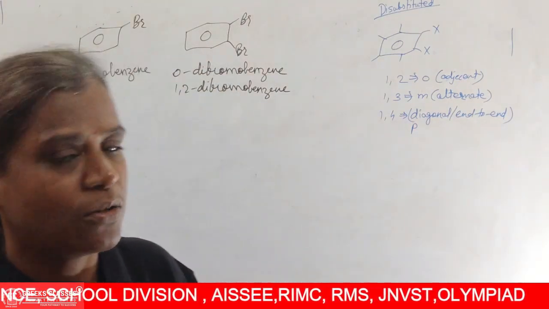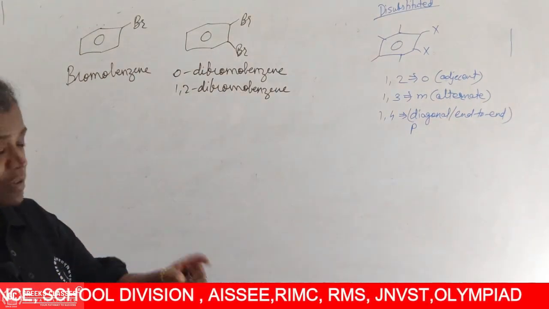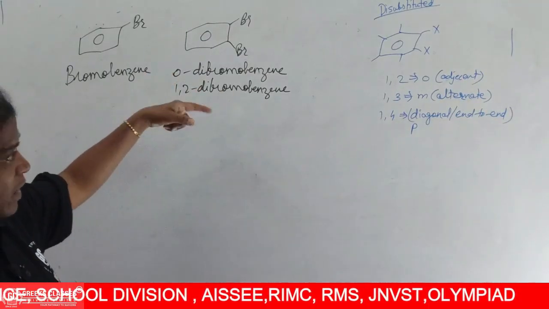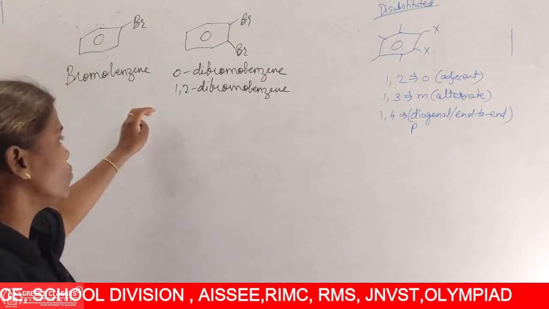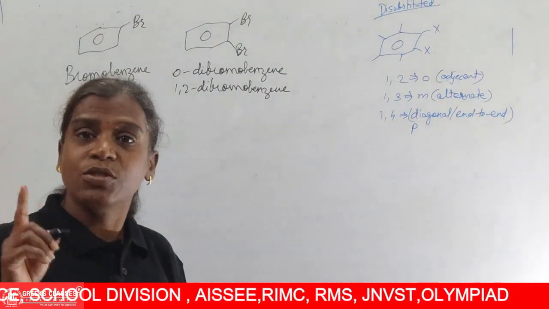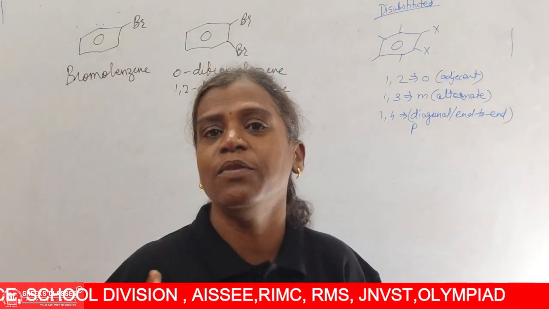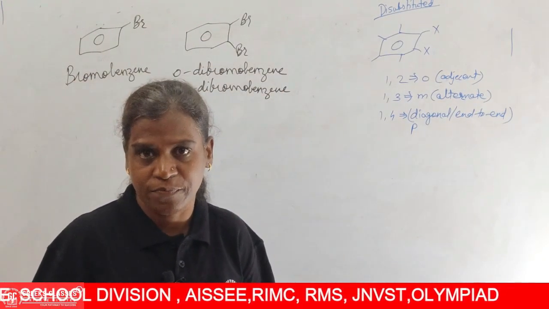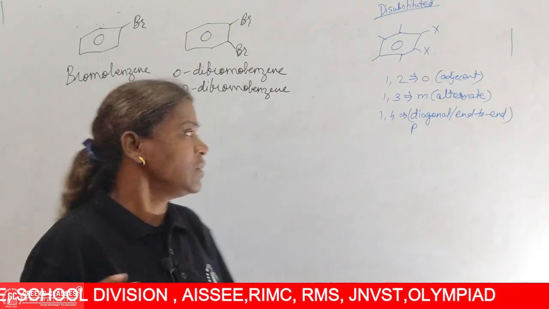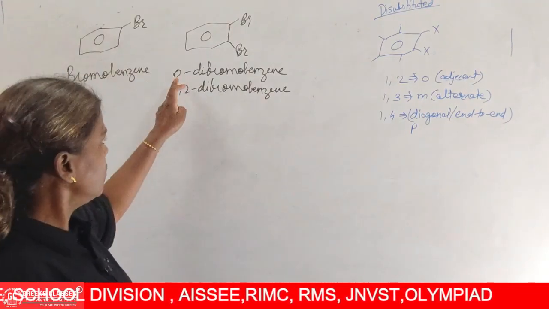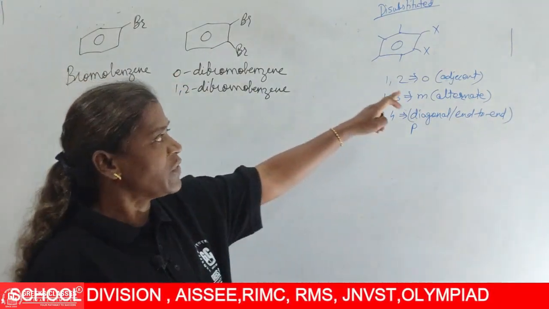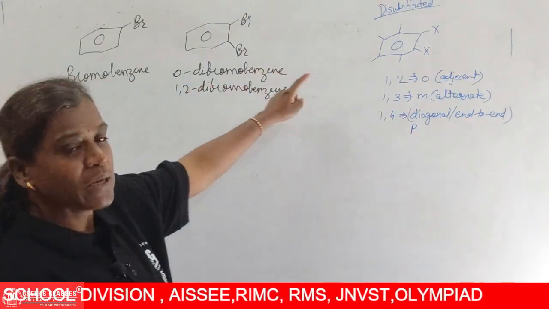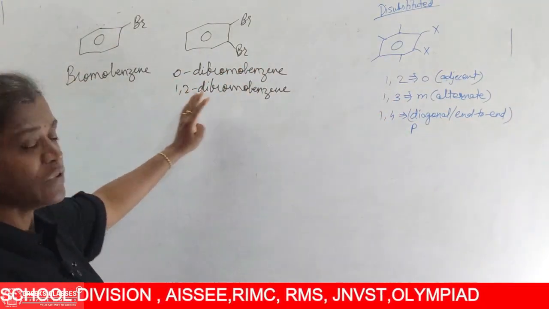Yes, okay. The basic doubt here is when to use the ortho, para, meta prefixes and when to use numbering. Numbering is used specifically when we write the nomenclature via the IUPAC system. Otherwise, for the common name, you can use the prefixes ortho, meta, para, that means ortho-dibromobenzene.